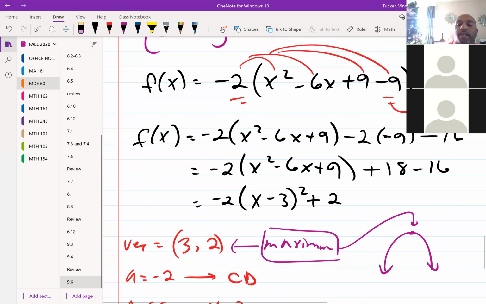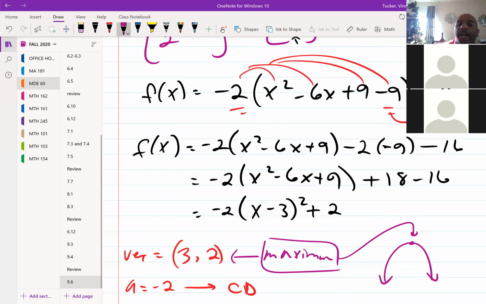Right. And like I said, the only reason this negative 9 is affected is because I wanted to pull it out of the parentheses. So if I'm going to fully represent what happens in the equation correctly, when I take that negative 9 from the parentheses, that negative 2 has to be taken with it. It has to be multiplied to it. Okay.